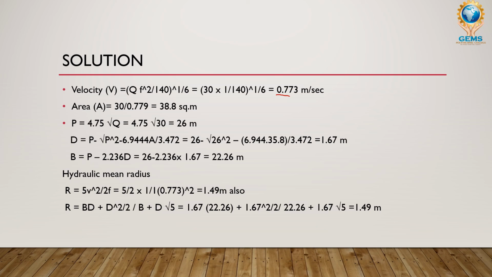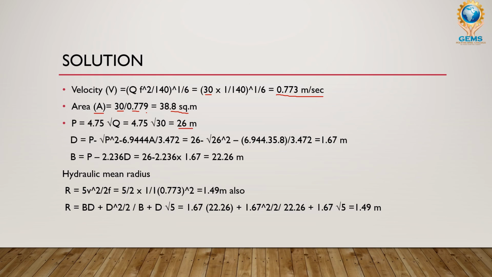You substitute and you find the value for V. Then area is equal to Q by V, that is discharge divided by velocity. You substitute 30 and the velocity value 0.773, and you get the area. Then P you know is 4.75 root Q, so 4.75 root 30, that is 26 meter.